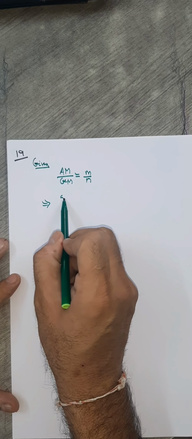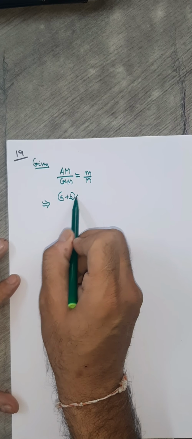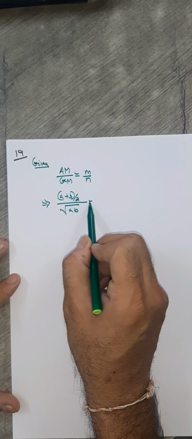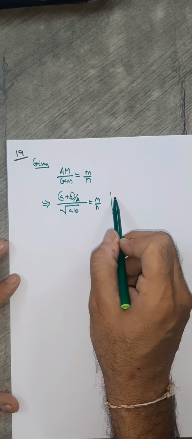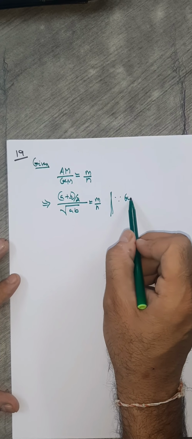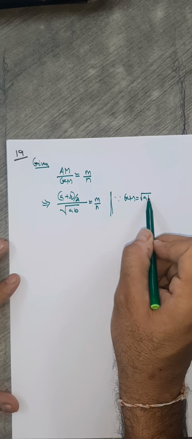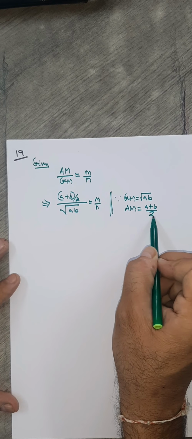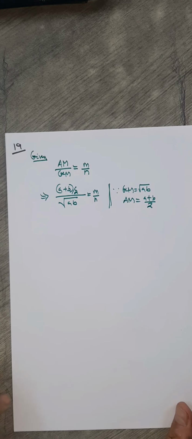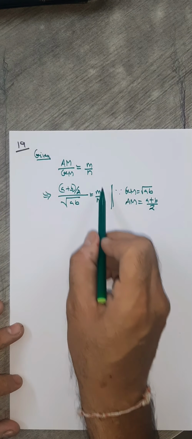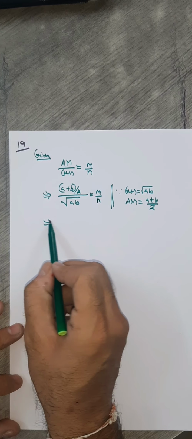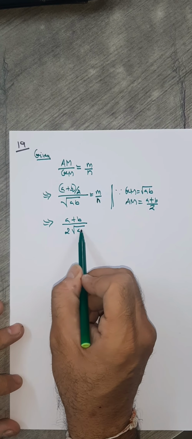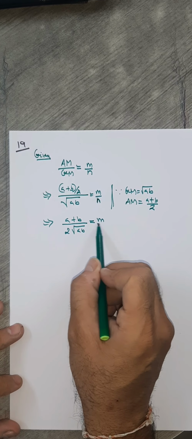We know arithmetic mean is a plus b by 2, and geometric mean we know it is root ab, equals m by n. Geometric mean for two numbers is root ab, arithmetic mean for two numbers is a plus b by 2. That we know very well. So this is just the same as a plus b upon 2 root ab equals m by n.